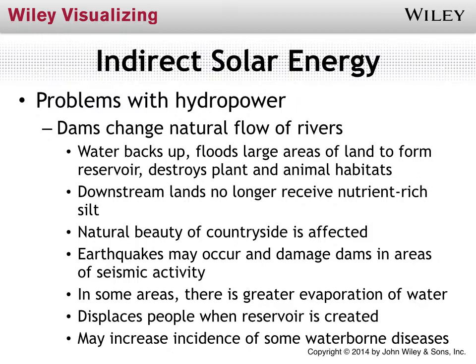We also have the problem that when you make a dam and store a bunch of water, especially in a hot, dry climate like Redding in the summer, you lose a lot of water to evaporation. So you're storing a lot of water, but you're also losing a lot of water because of this big reservoir you've created. And there are some other challenges as well.